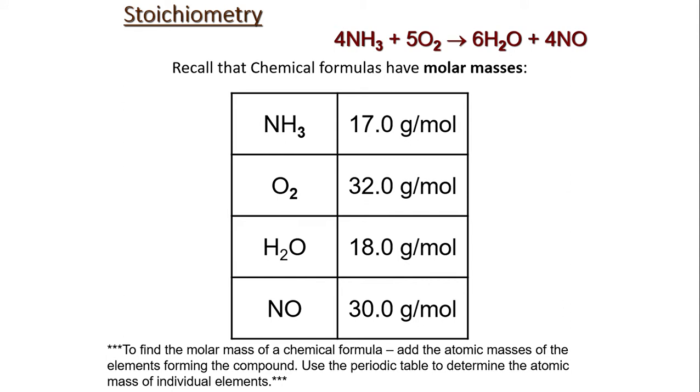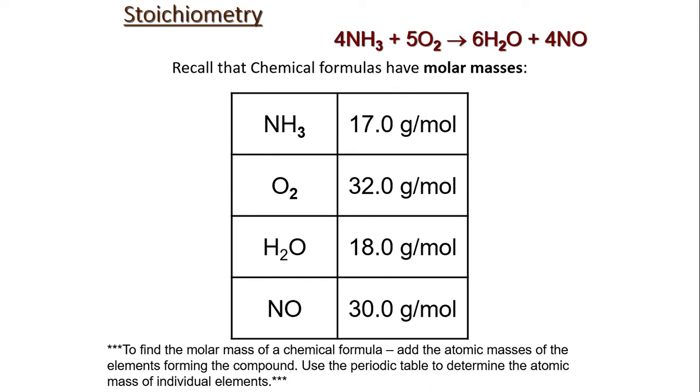So in calculating the reactions in the solution using stoichiometry, you need to have your periodic table. We will base the atomic weight of each element and compound on the periodic table. Let's say, for example, NH3. NH3 has 17.0 grams per mole.